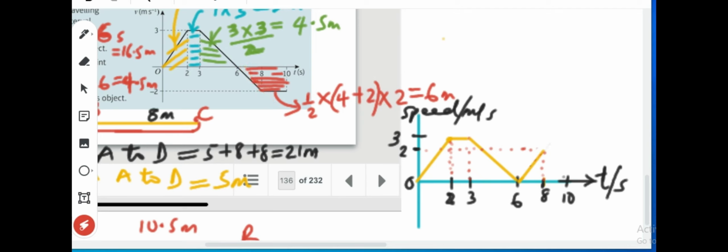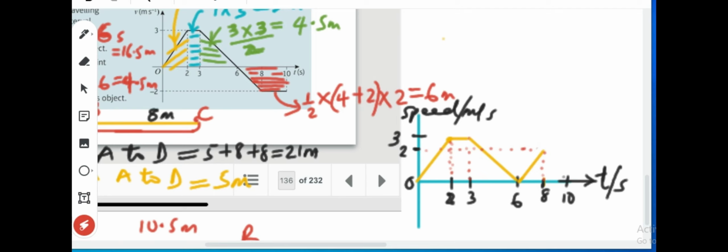Constant acceleration from 6 to 8 is a constant acceleration. Yes, it is in the backward direction, but speed is a scalar quantity, so direction is not important. All we need is what this means, and this means constant acceleration. So constant acceleration up to 2.